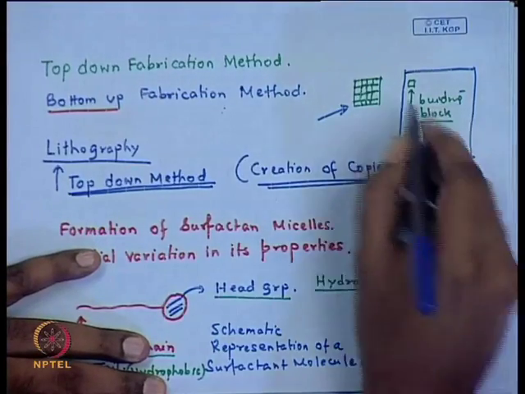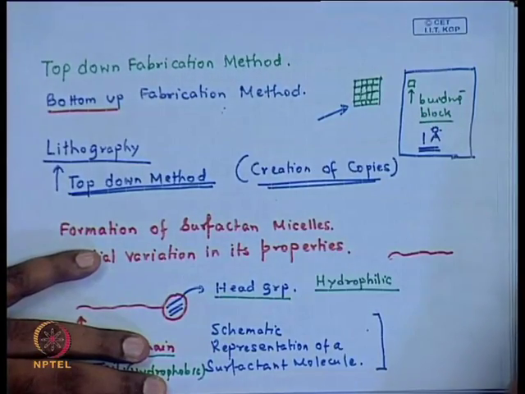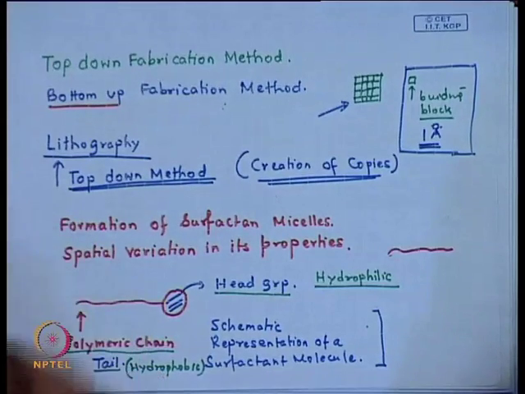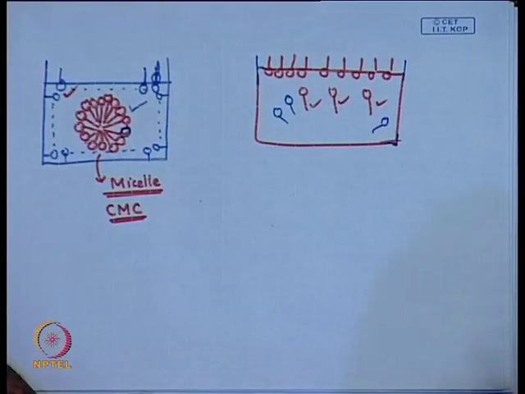So, one question we posed to us at that point of time, that if you want to build an object block by block using molecules, how do you handle the molecules, how do you bring the molecules together in the desired shape to fabricate the necessary object or entity. Now, this is one answer.